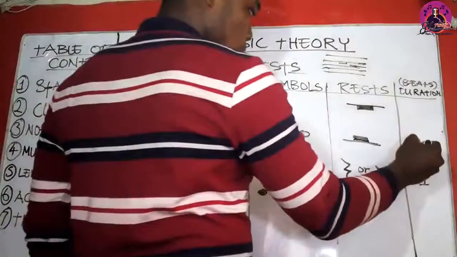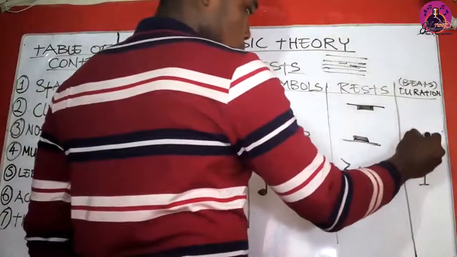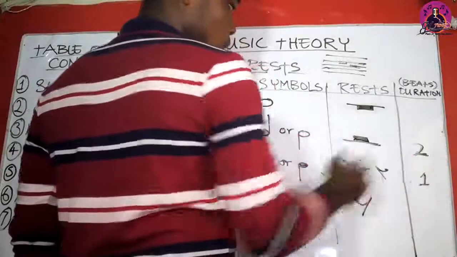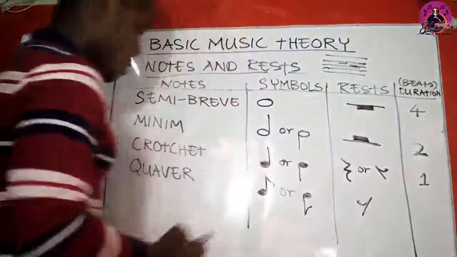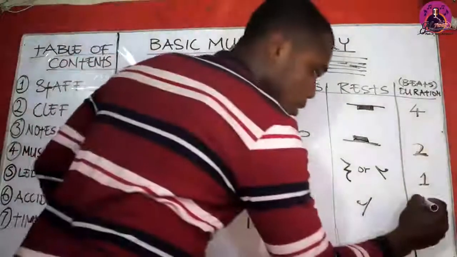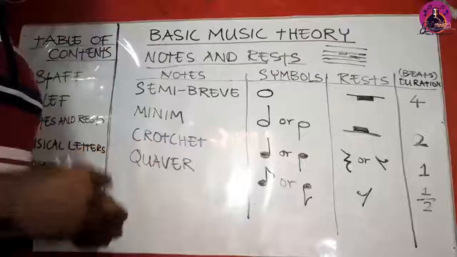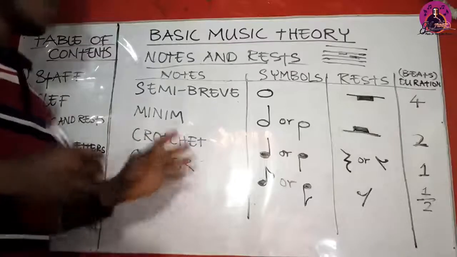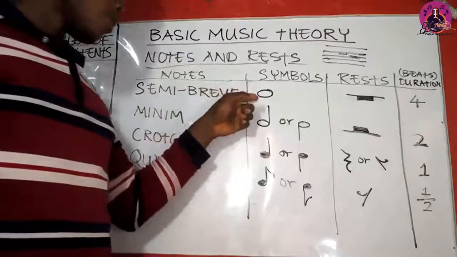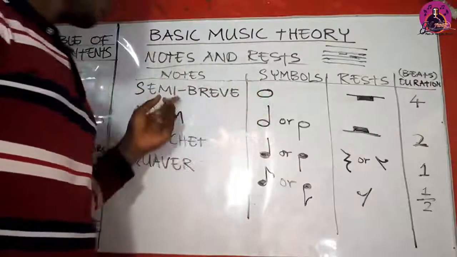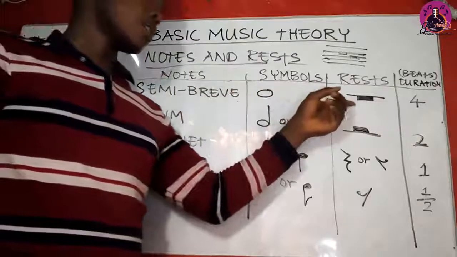So going up, you have the crotchet. The minim now has 2 beats. The semibreve has 4 beats. The quaver has half a beat. So that's that about the notes and rests. This symbol, if you see it on your staff, is called the semibreve, and this is the rest.